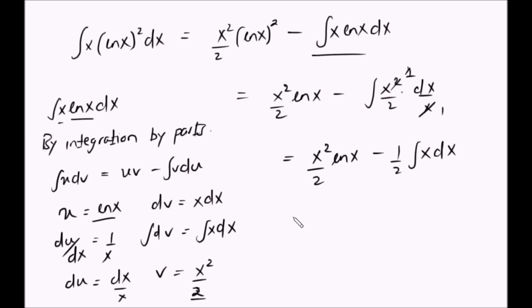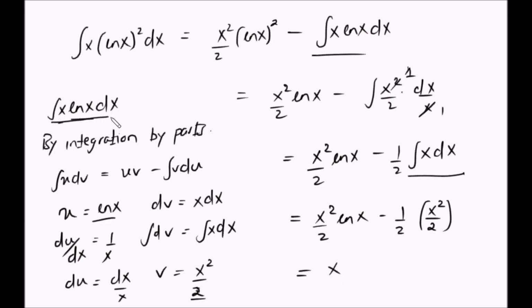So you can see hii itakuja kuwa ni sawa na x squared over 2 ln x minus 1 over 2, so nikiintegrate x dx napata x squared over 2. Kama hapa. So finally nitapata huyu, you see, ni sawa na x squared over 2 ln x minus x squared over 4. So let me start a fresh page.